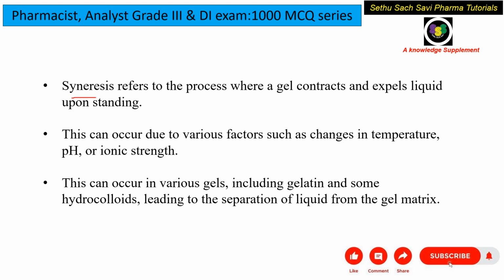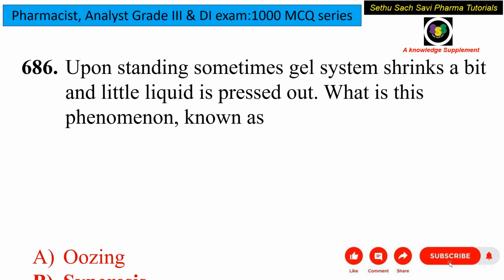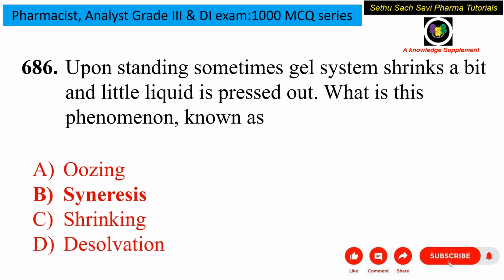It can be due to various factors, such as change in the temperature, change in the pH or change in the ionic strength. This can occur in various types of gels, such as gels made up of gelatin or gels made by using hydrocolloids. This leads to oozing out of the liquid. This phenomenon is known as syneresis.